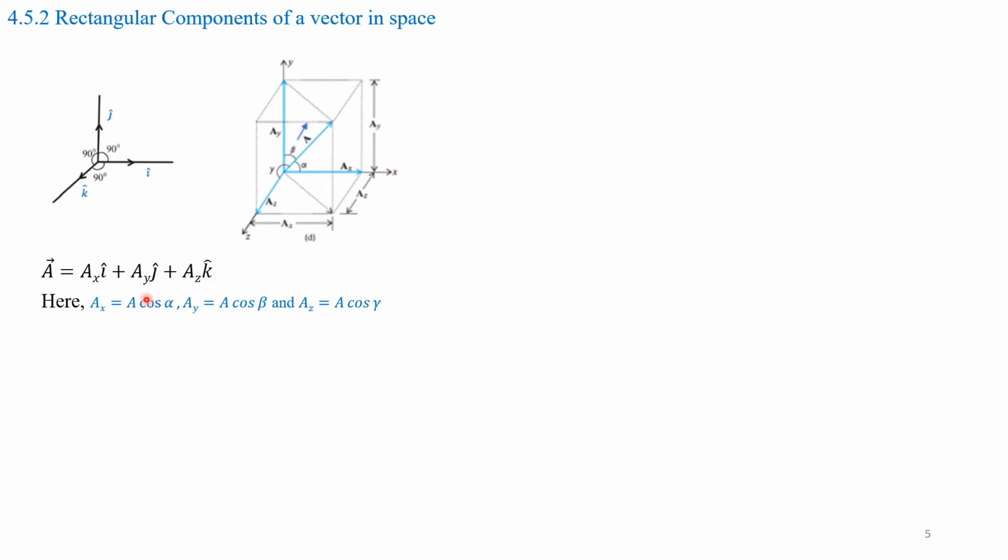Now we will define AX, AY and AZ in terms of the angles with respect to their axes. AX is equal to A cos alpha, AY is equal to A cos beta, and AZ is equal to A cos gamma. This is as per our basic knowledge of trigonometry.